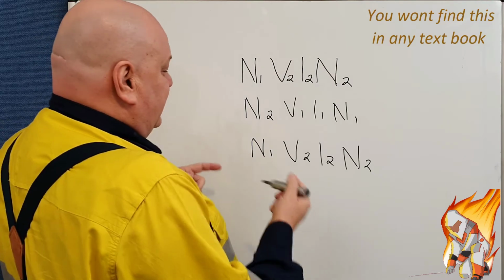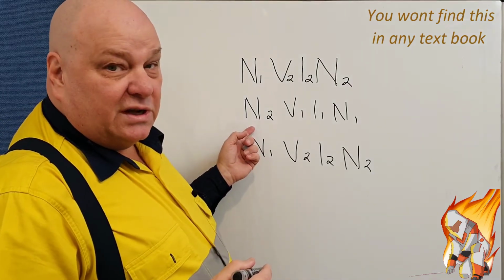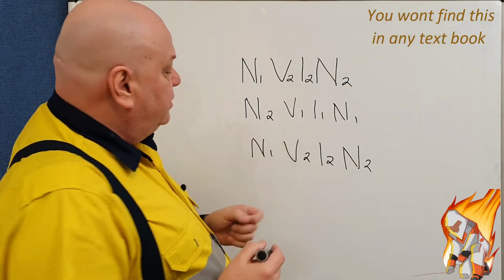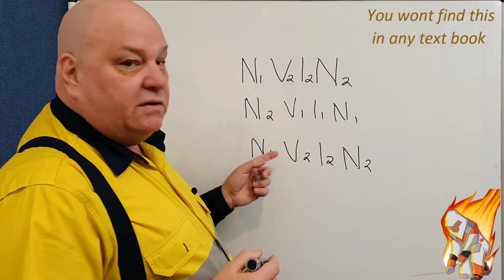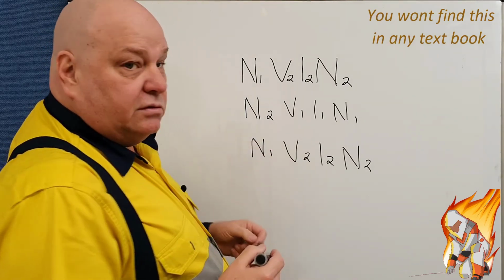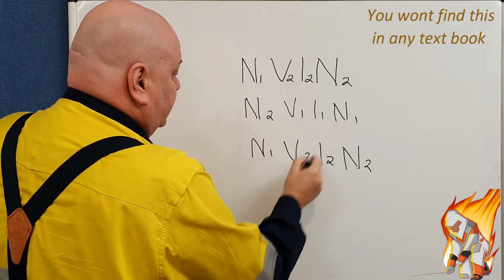So let's say you've got the number of turns on the secondary winding, and you know the voltage on the primary winding, and you know the voltage on the secondary winding. So this is your formula right here.